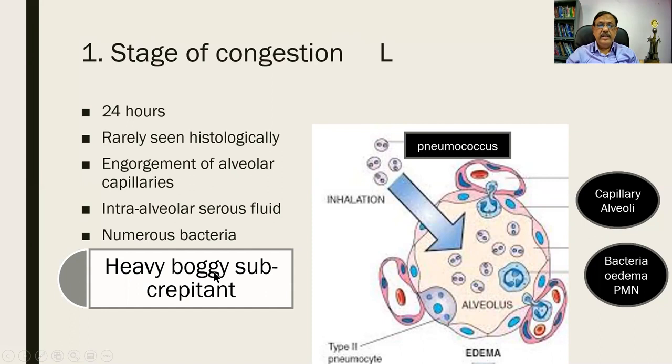And the lung is boggy, subcrepitant. Crepitant means it will make a noise. Subcrepitant means not so clear. Boggy means heavy. Stage of congestion. So remember this, the bacteria are the pneumococcus, alveolar capillaries, then there is an edema and polymorphonuclear neutrophils trying to come inside.